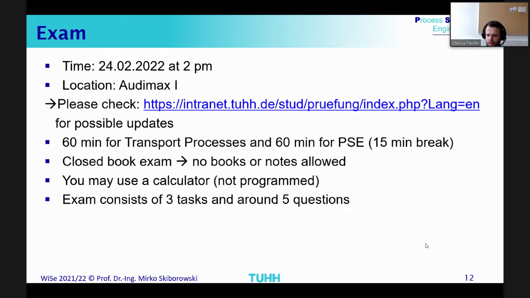And the exam consists of 3 tasks. The tasks will be similar to the exercises we did during the lectures. And then there will probably be around 5 questions you have to answer. So are there any questions regarding the exam?